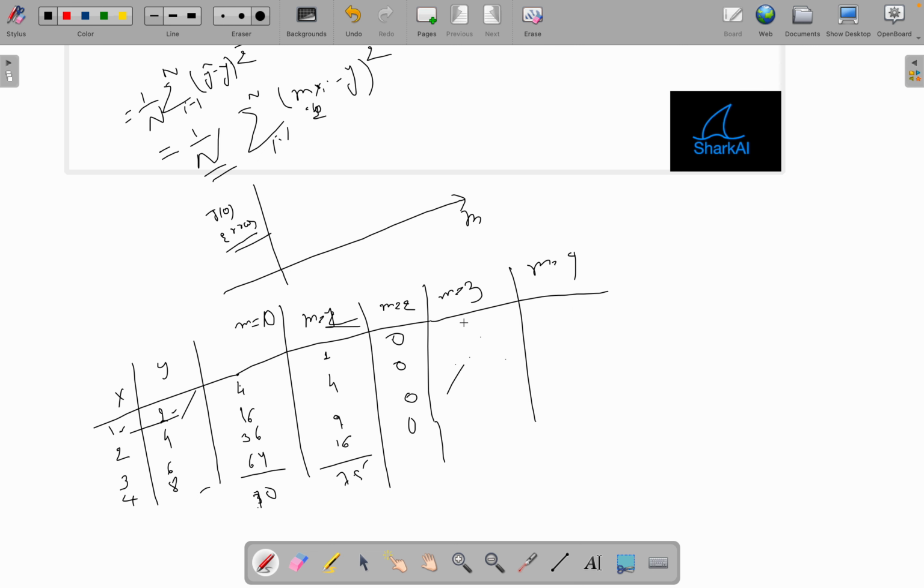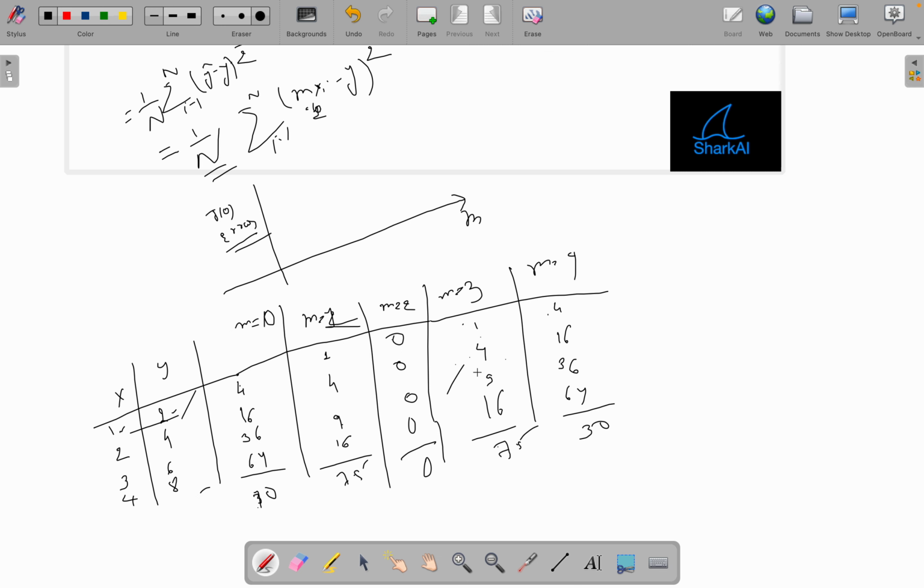Okay, and when you similarly do for m is equal to 3, you'll get 1, 4, 9 and 16. For m is equal to 4, okay, you will get 4, 16, 36 and 64. When you do this here, you will get 0. For here you will get 7.5, and for here you will get 30.